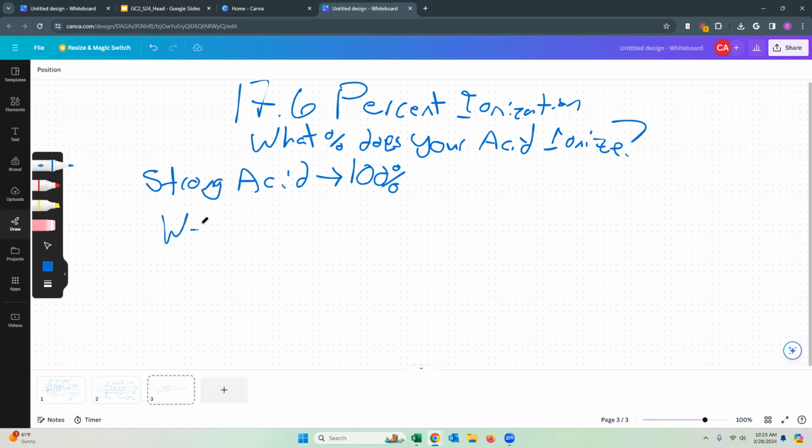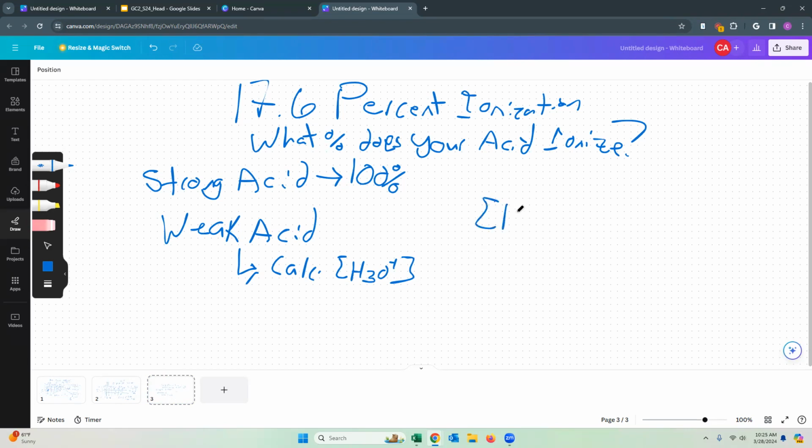However, for a weak acid, we need to calculate H3O plus at equilibrium. And then our equation is H3O plus at equilibrium divided by HA initial times 100%.